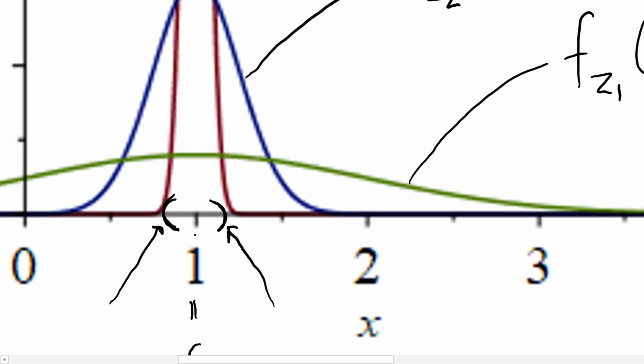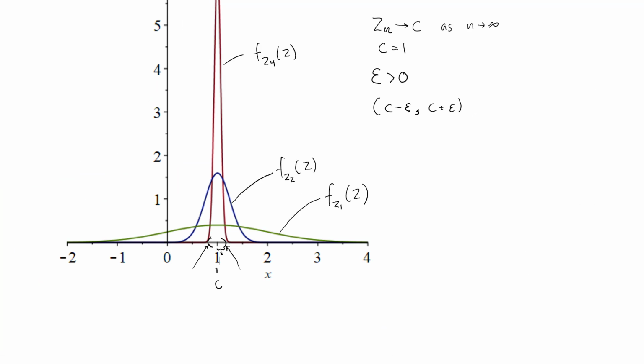So in this picture, epsilon is this distance from c to the end of the interval. Once I perform the experiment, Zn will either end up inside the interval or it will end up outside the interval.